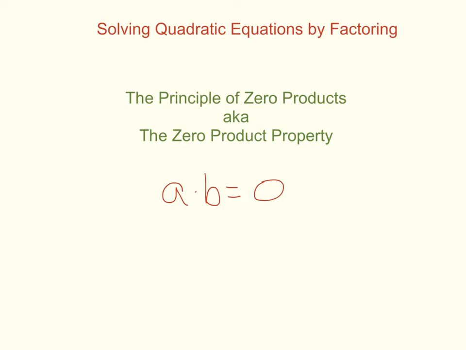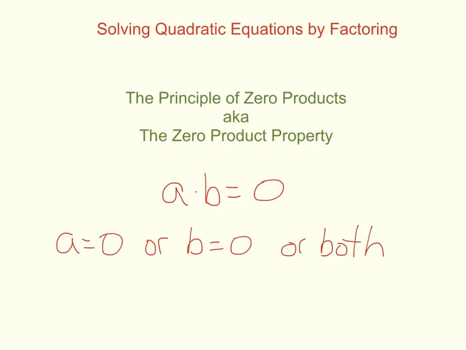Well, since the product of these two numbers gives you 0, you know that either A is equal to 0, or B is equal to 0, or maybe both A and B are equal to 0. And if you can get your head around that idea, once you have an equation factored down, you can take each of these factors and set it equal to 0 and solve simple equations.